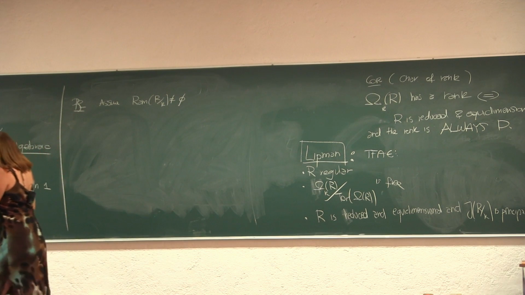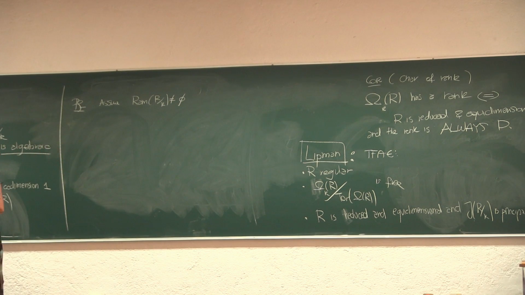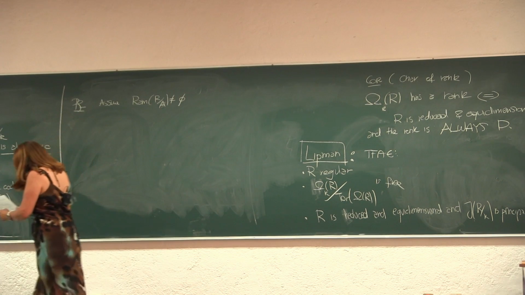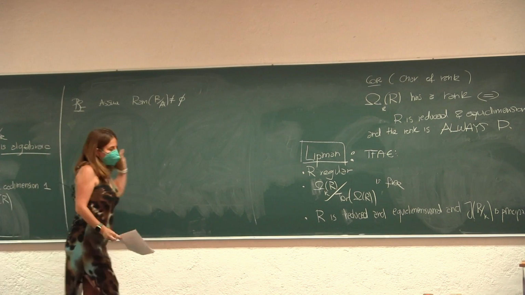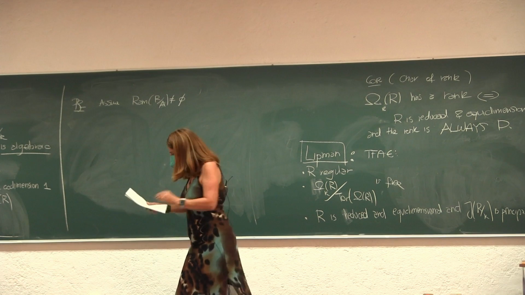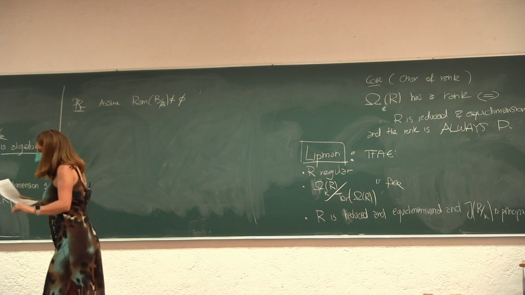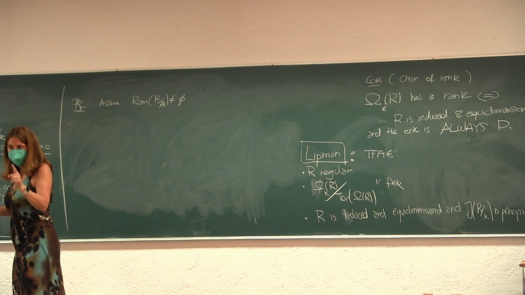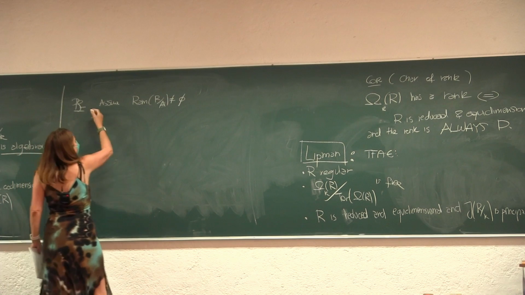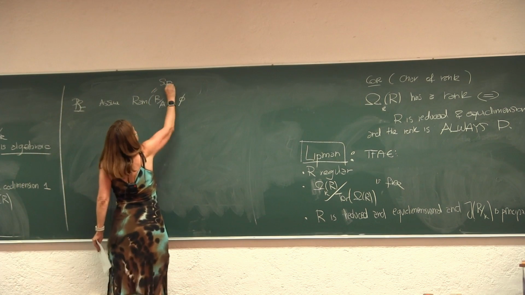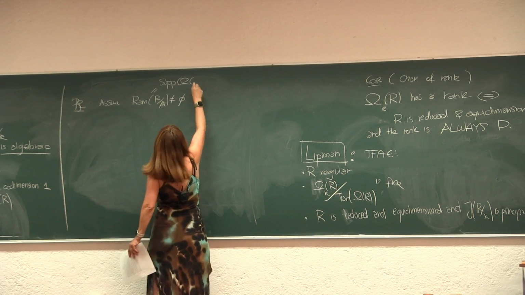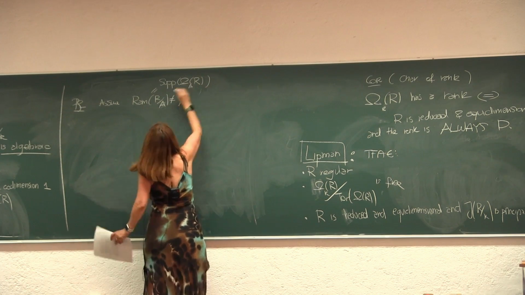Now remember that we know already that this is a closed subset. And we know very well that it is defined by the support of omega. So this is very important, that this is really just the support of omega, because this is ramified if and only if omega is not 0.